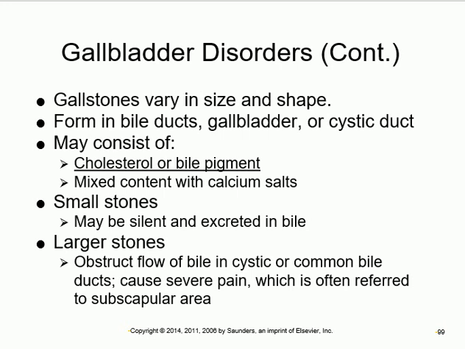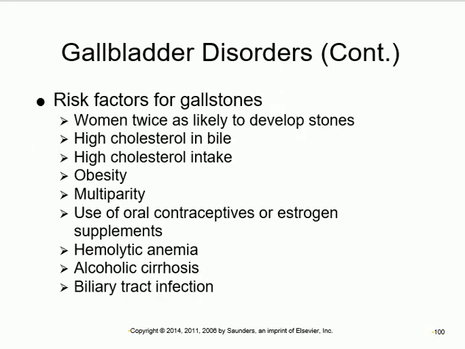If it is larger than that, it's not going to go away. So it can obstruct the cystic duct, and the gallbladder will start to distend, causing pain and colic and that stuff. And the treatment for that case is either surgery or infrared to break it down. So it depends if it is small or large.